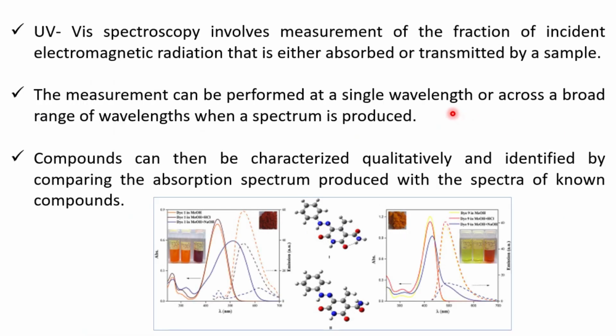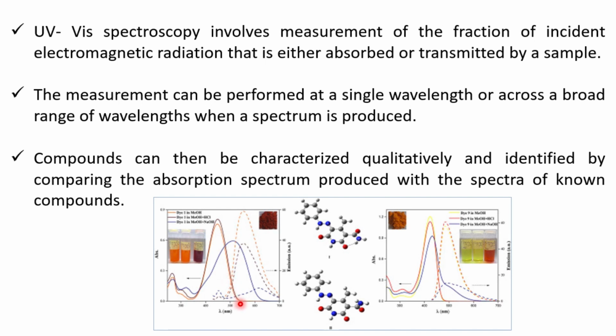Now, UV-Vis spectroscopy involves measurements of the fraction of incident electromagnetic radiation that is either absorbed or transmitted by a sample. This has already been spoken of. Measurements can be performed at a single wavelength or across a broad range of wavelengths when the spectrum is produced. So when running your UV-Vis, there are cases where you can select a specific wavelength.